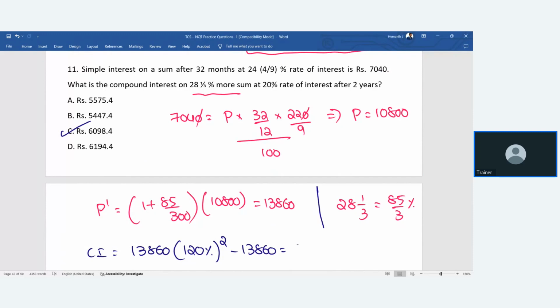So option C, 6098.4. I am telling you like I am using a virtual calculator. We can use a virtual calculator. We have an app in Android also for virtual calculator. If you want to know what functions are allowed in the virtual calculator, you can check that. Right? Okay.